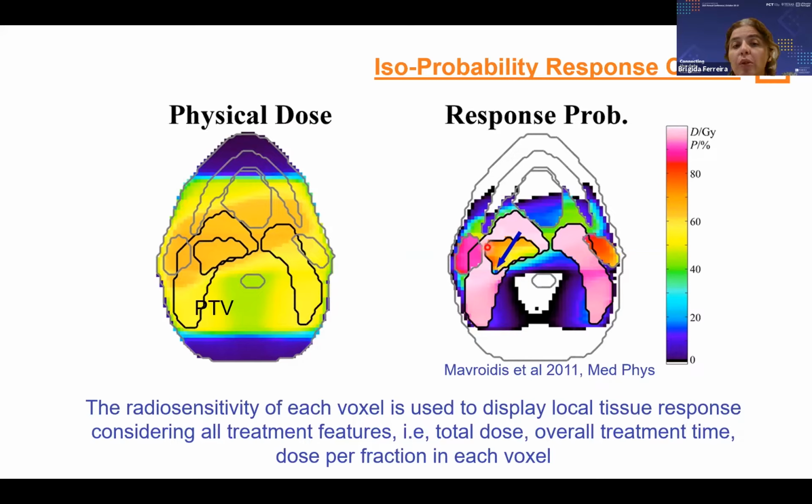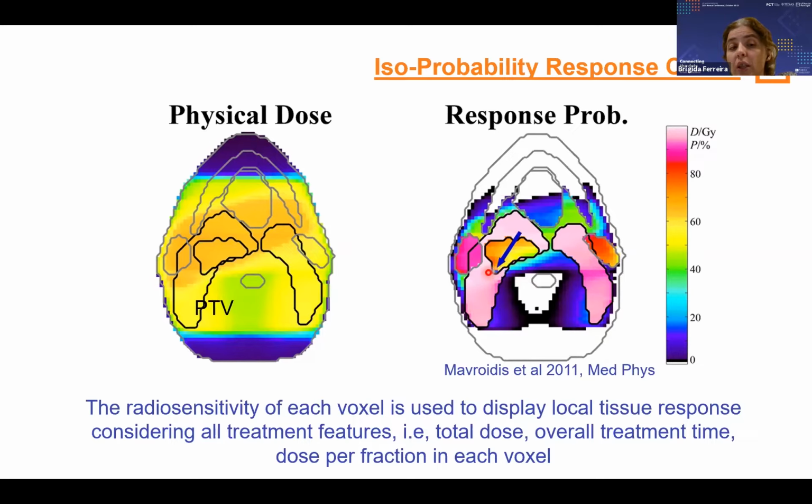So for example, what we want to irradiate is the black structures, and what we want to spare is the gray structures. In this case, this is the primary tumor, and it's very easy to see that here the probability of tumor control in this voxel is very, very small.